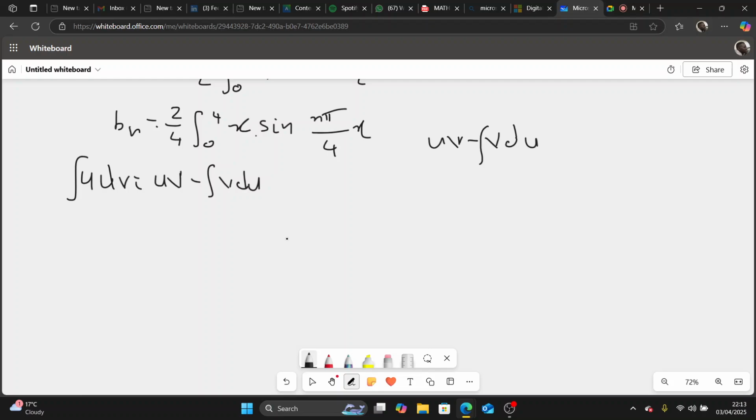If I choose my u, which is the derivative, which is x, what is du dx? That's how it works. Follow my step. So it means du is equal to what?